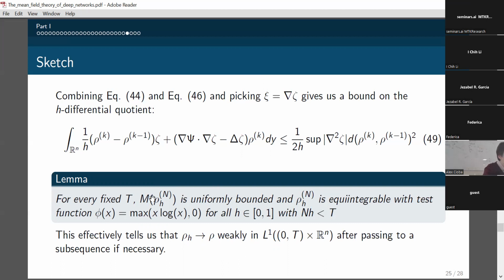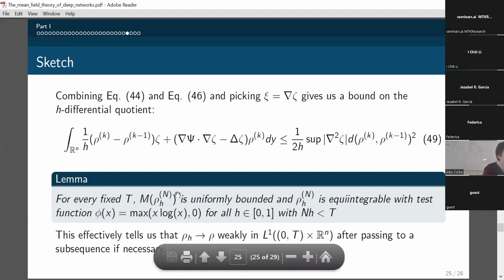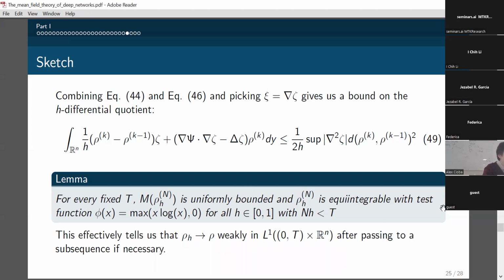So fairly typical results allow you to say that these limits exist up to subsequences so long as the sequence is uniformly bounded and is equi-integrable. Equi-integrable or uniformly integrable means that the contributions from the tails of these distributions in L1 are kind of uniformly bounded. Obviously, the tails in L1 are very thin because these are L1 random variables.